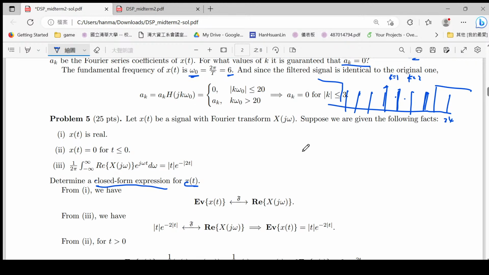Anyway, I think the hardest step is the one where you use that x of t is real.